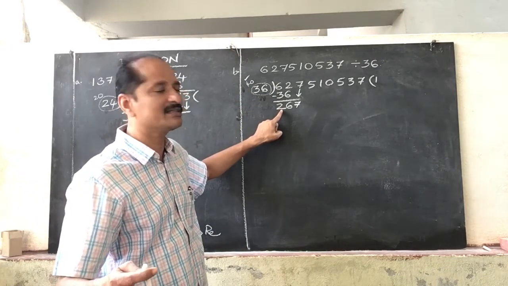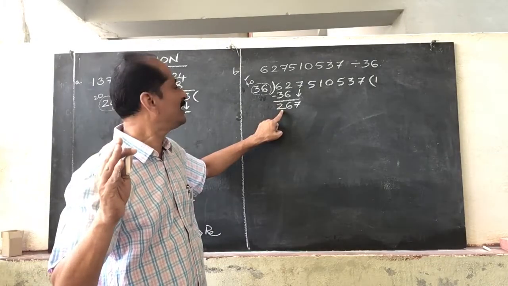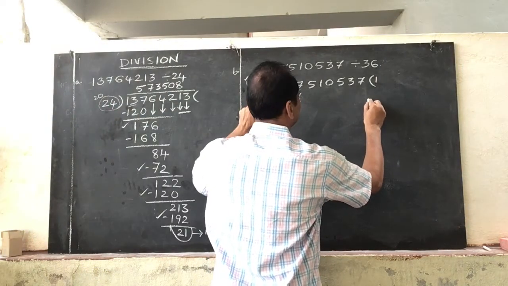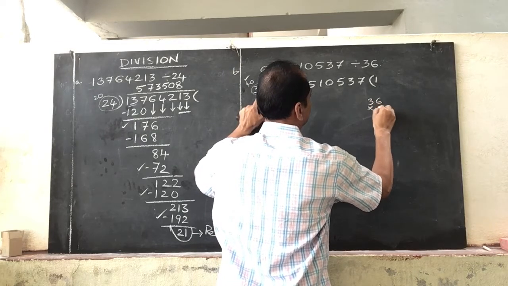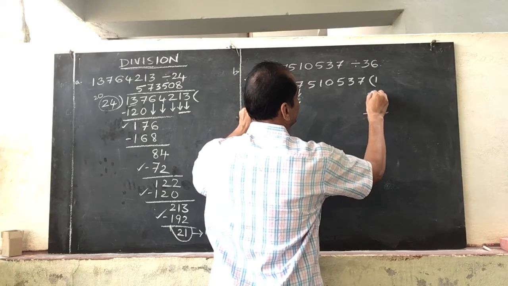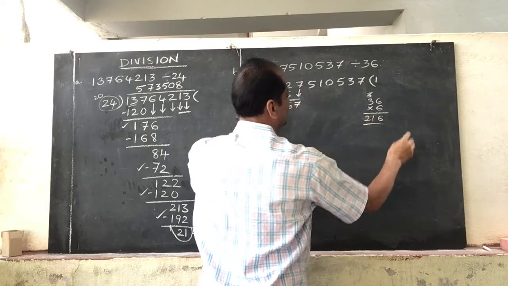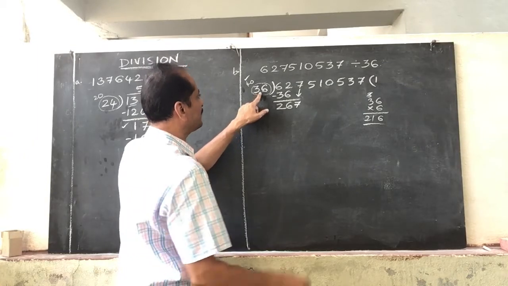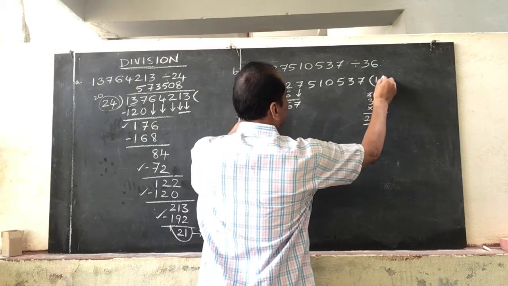No, 7 times కాదు కాబట్టి it is divisible 6 times. So 36 6 times. 6 sixes are 36. 6 threes are 18 plus 3, 21. 216. So 36 sixes are 216.